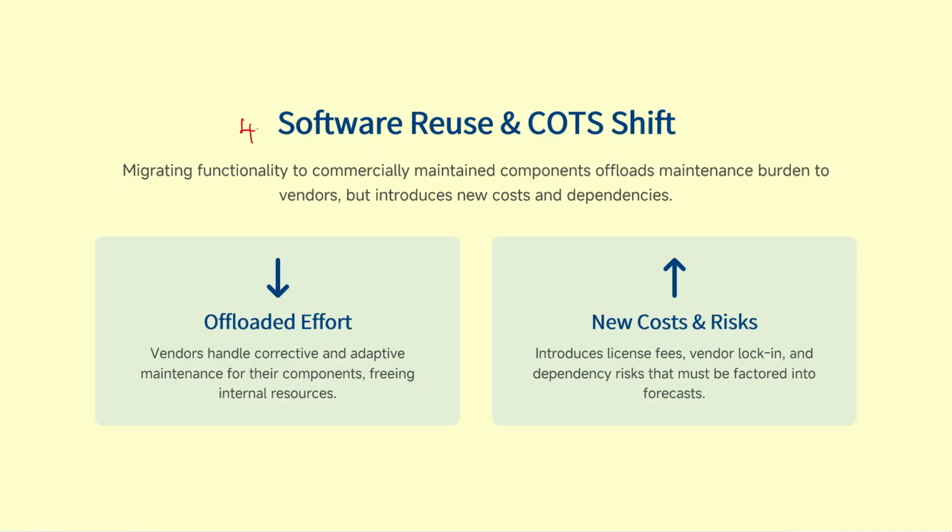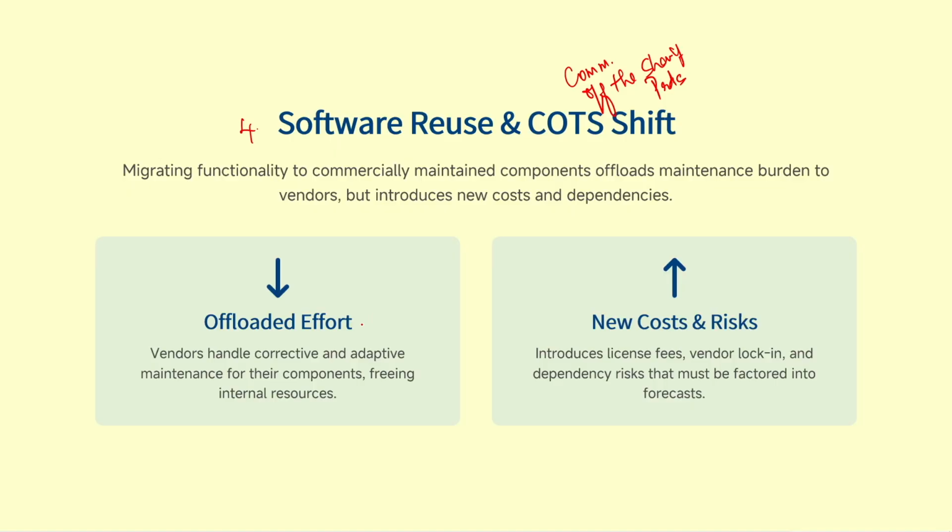The fourth process model is COTS, commercial off the shelf products. Here there could be some products, some set of components that are very well furnished and available commercially.